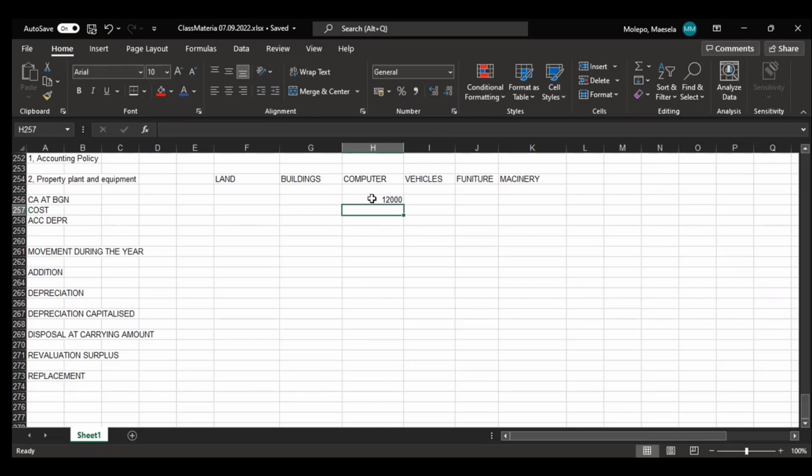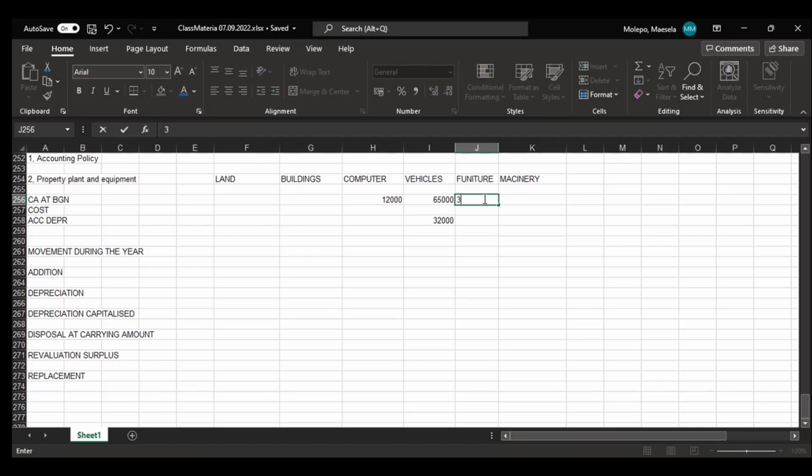We were also given the vehicle carrying amount of 65, and accumulated depreciation of 32. And the furniture carrying amount is 34, and a depreciation of 14.